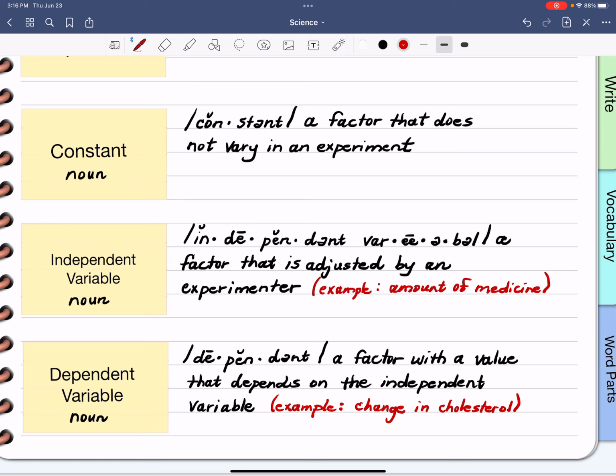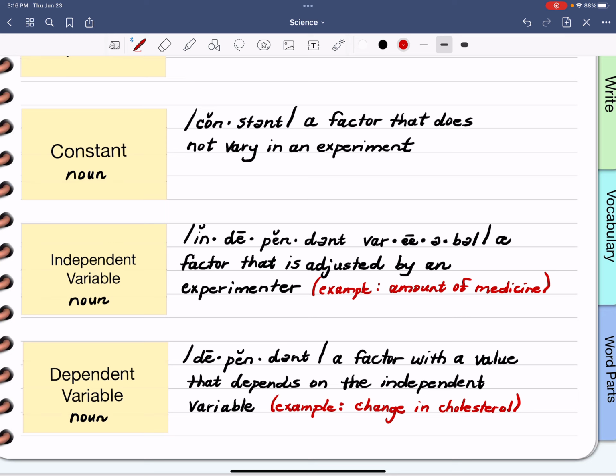If I give them too much water, they're going to die. If I don't give them enough water, they're going to die. If I give them exactly the right amount of water, they're going to grow. So that's the factor, the dependent factor, that depends on how much water the experimenter puts into the plants.